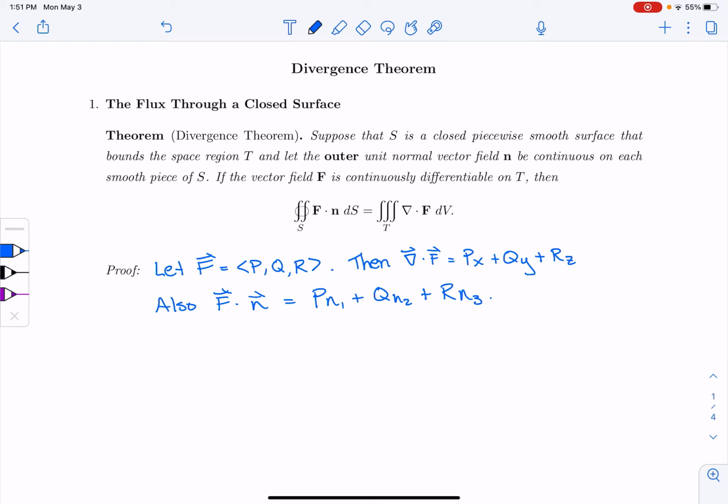So what we're going to prove in this case is that the surface integral of just the first component of F dot N, so P times n1 dS, is in fact equal to the triple integral of the divergence, and I'm just going to consider the first part of the divergence, so dP dx.